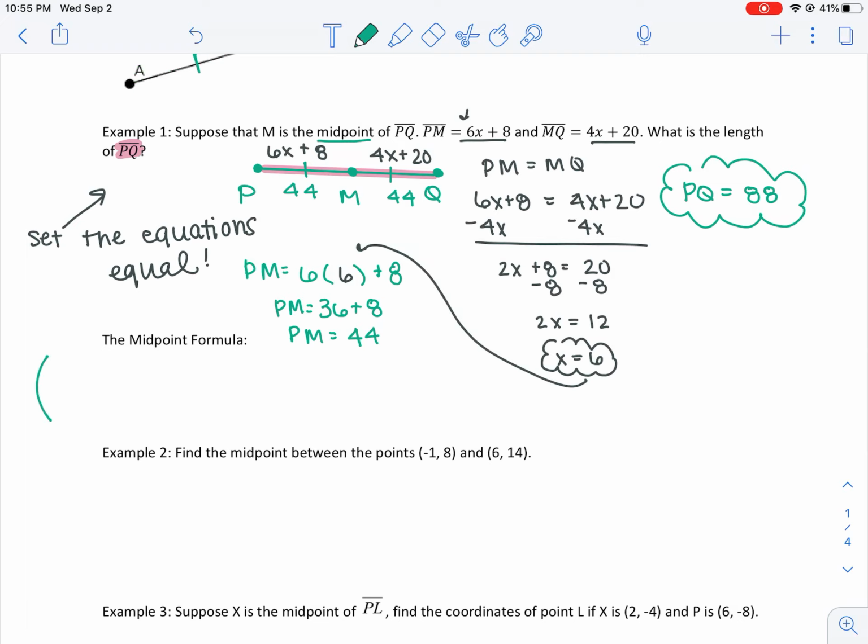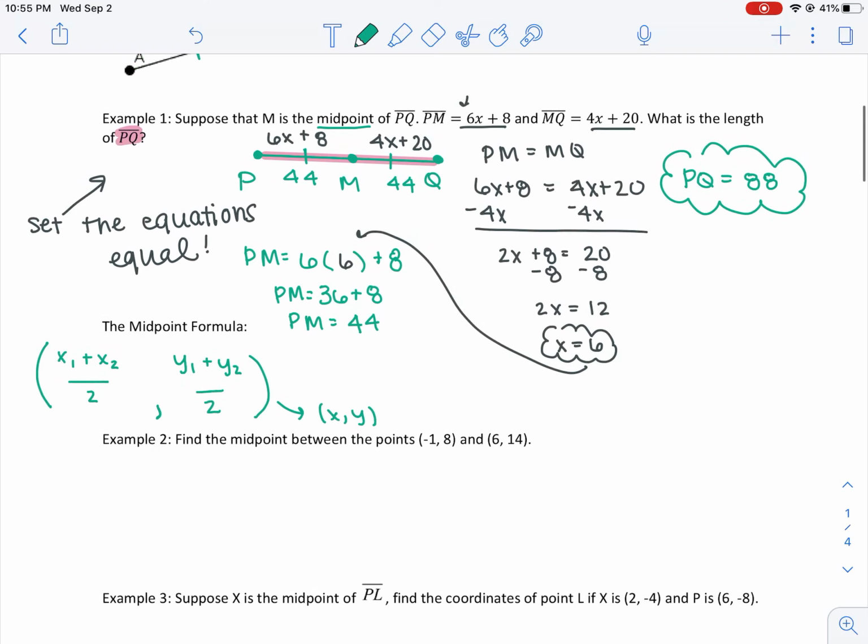So the midpoint formula is x1 plus x2 divided by 2, and it's that parentheses with a comma, y1 plus y2 divided by 2. Okay, so it's really trying to get me to find the midpoint, so just a coordinate point. So that's why it looks the way it does.